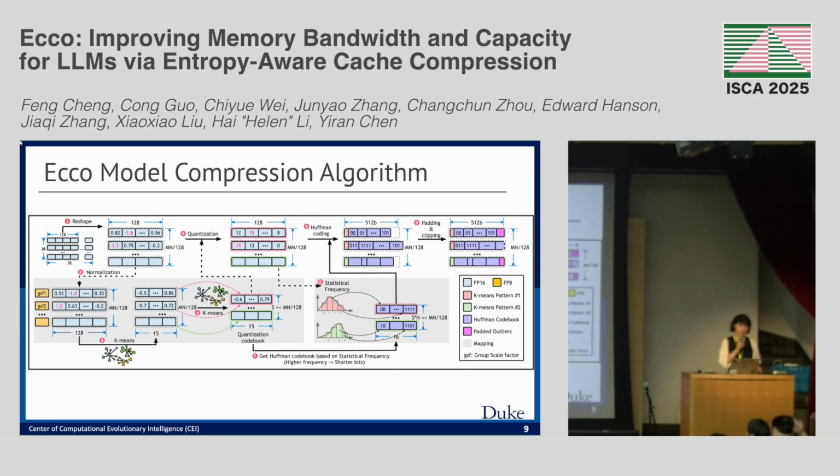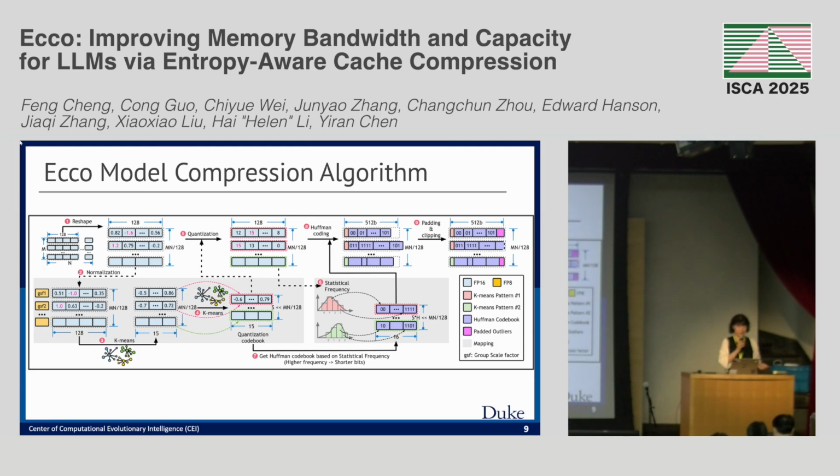Next, k-means clustering is applied within each group to replace the values with the central indices. Then we perform another k-means across groups to enable a shared codebook, reducing the metadata size and also increasing the data reuse.